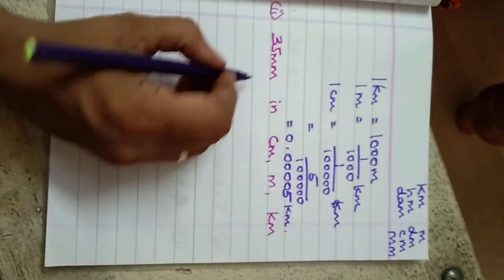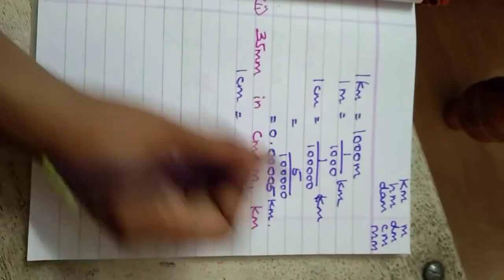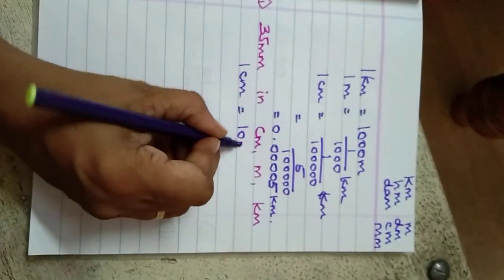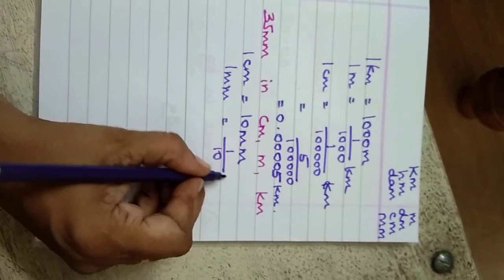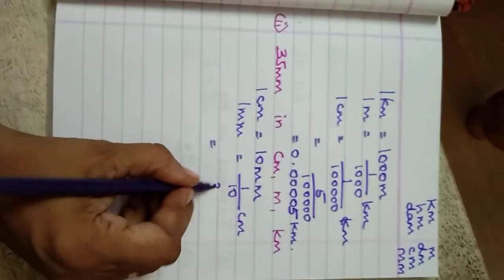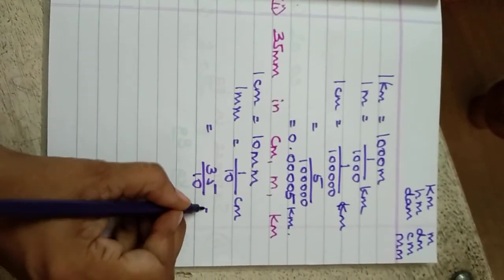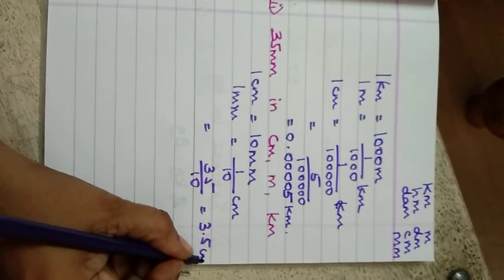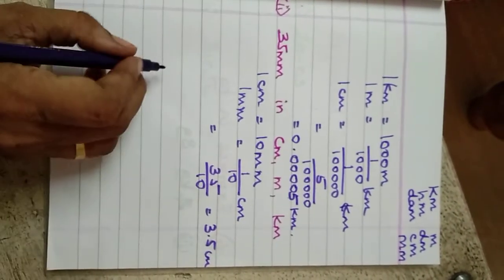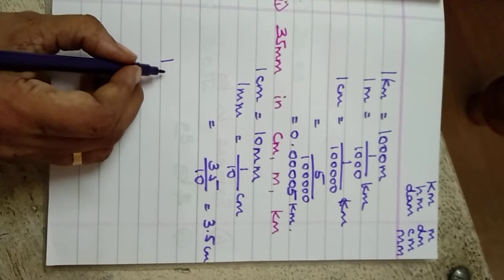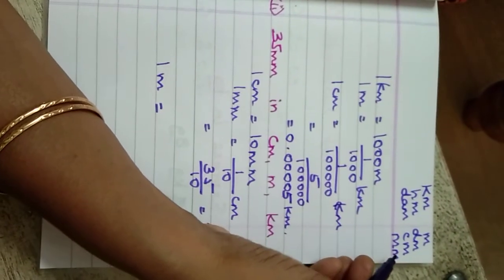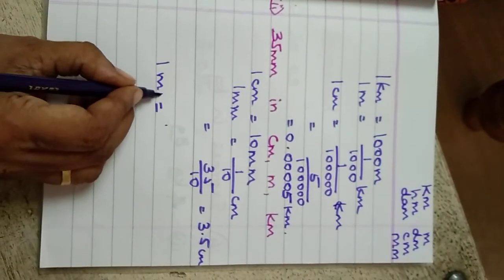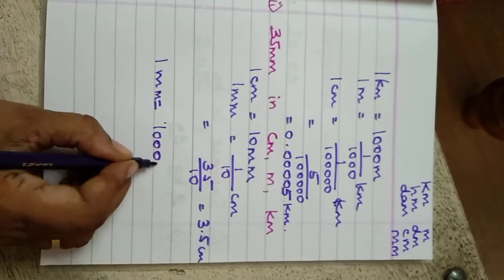Next question. 35 millimeter into centimeter, meter and kilometer. I hope all of you will be able to. 1 centimeter is how many millimeter? 10 millimeter. So 1 millimeter is equal to 1 by 10 centimeter. So 35 by 10 is 3.5 centimeter. Next, 1 meter is equal to how many millimeter? Here again 1, 2, 3, so 1000 millimeter.